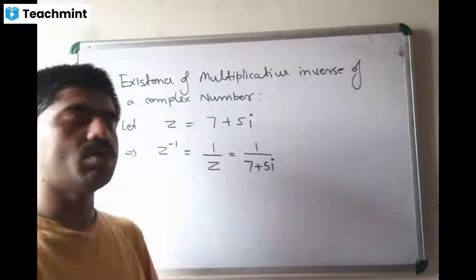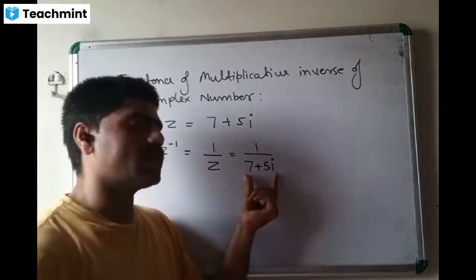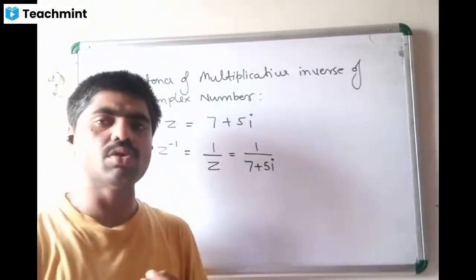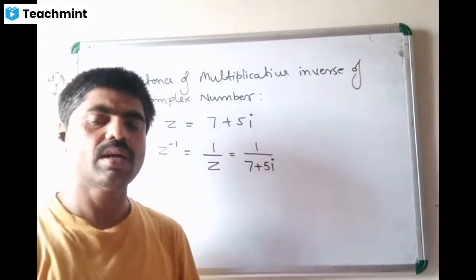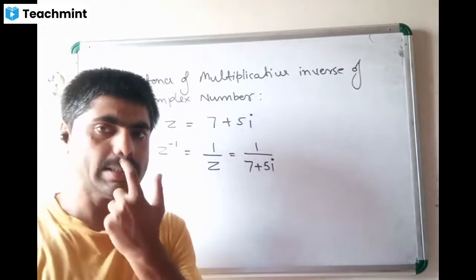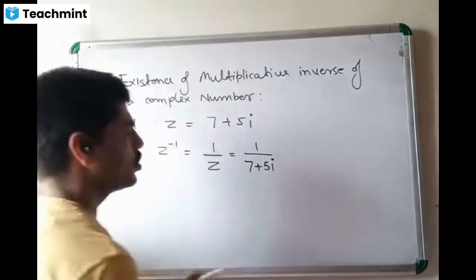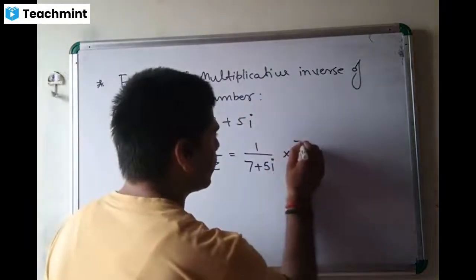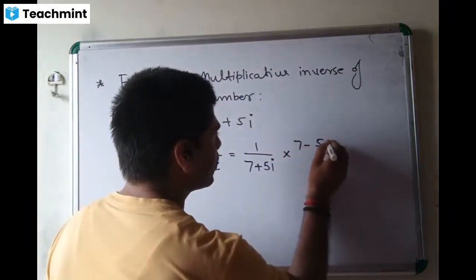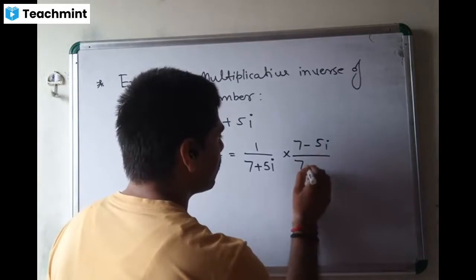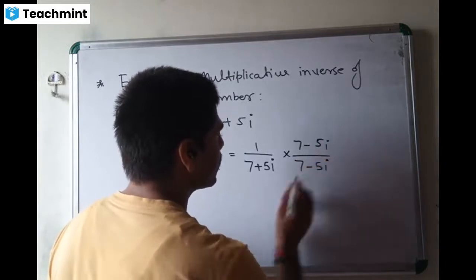And beta, I told you that if in the denominator you have a complex number, you rationalize it. Yes or no? Yes, sir. So you rationalize by multiplying by (7 minus 5i) upon (7 minus 5i).